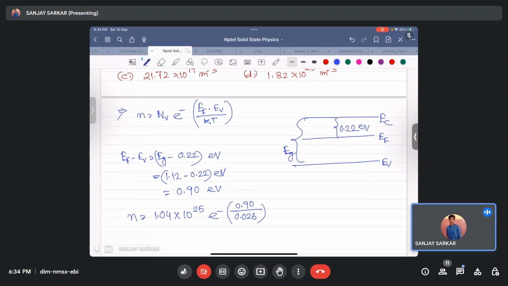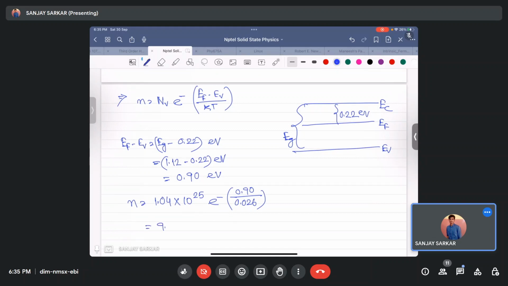So exponential minus 0.90 divided by 0.026 into 1.04 into 10 to the power 25 is 9.63 into 10 to the power 9 meter cube inverse.